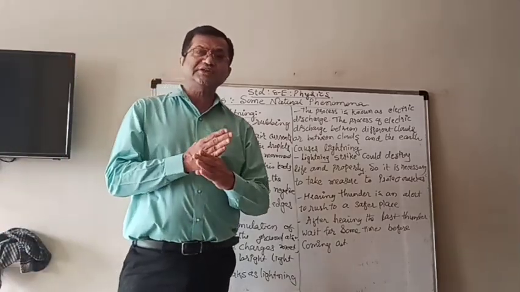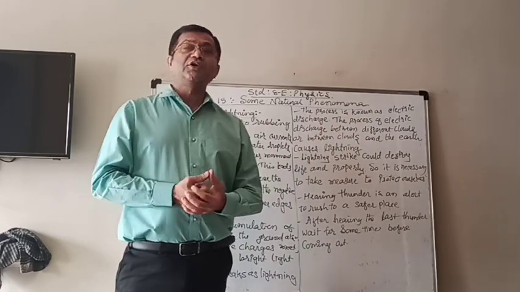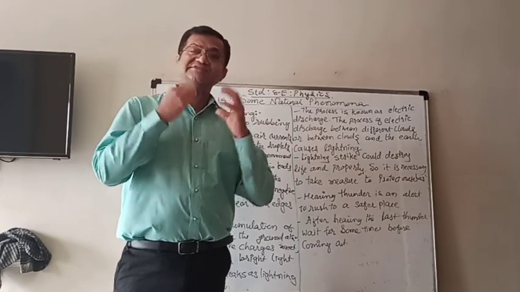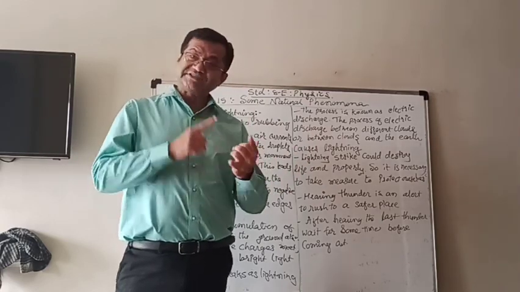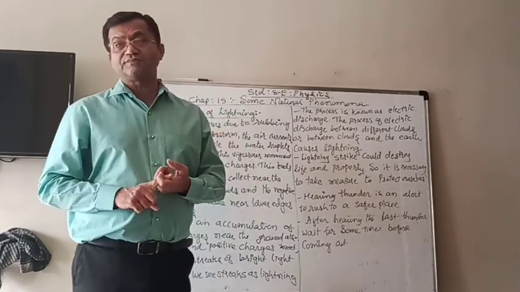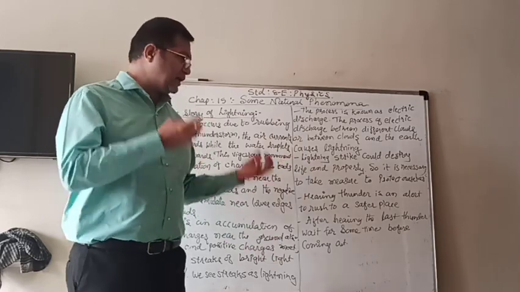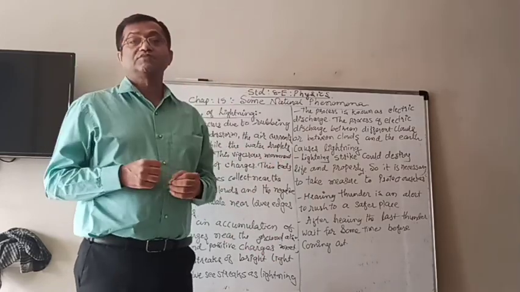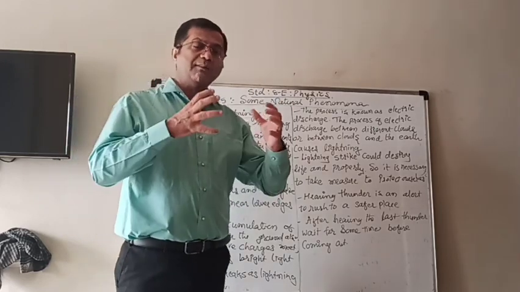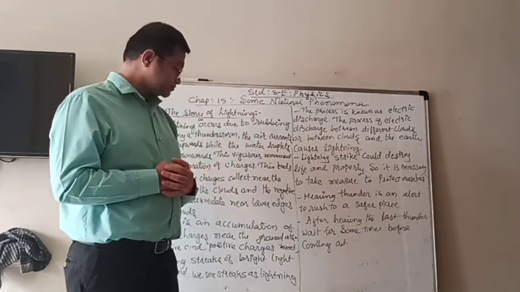In this situation, when they meet each other, they produce sparkles, light and sound. The sound that we hear is the thunder, and the sparkles or light that we see during that thunderstorm is the lightning. This is how lightning is produced.